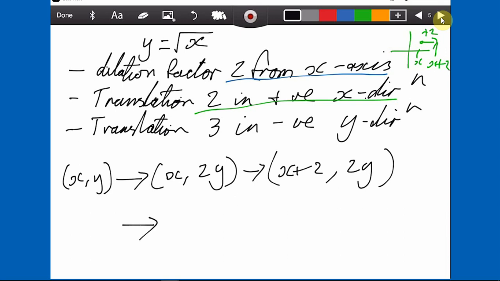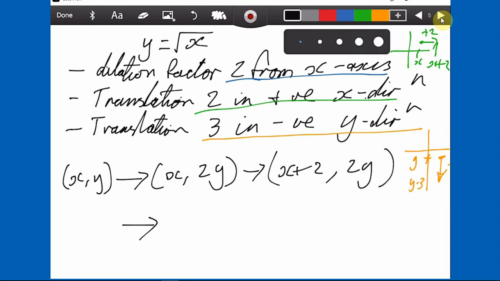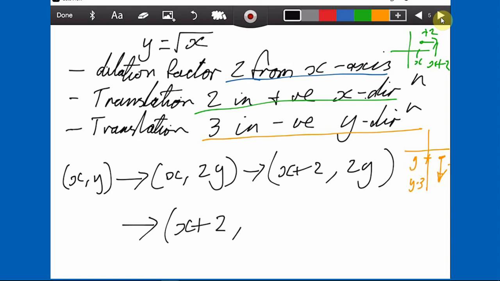And the last one, translation 3 in the negative y. If we've got a point that's here, and the negative y is down that way, and we're taking 3 off, that would be y minus 3. So the x doesn't change there. We've already got the 2y, and then we've got minus 3.